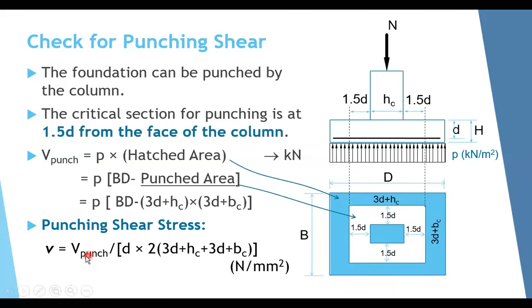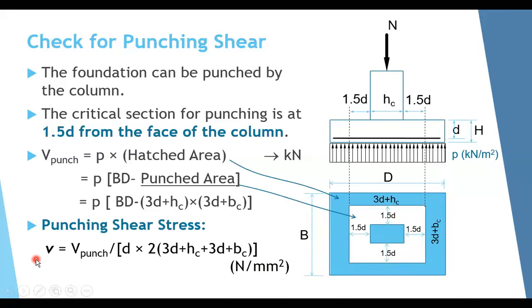So this V capital punch is divided by this area, which equals D times this perimeter here, which is (3D plus HC) times 2 plus (3D plus BC) times 2. So it will be this distance times 2, because we have it from top and from bottom, and this distance here times 2 because you have it from left and right.